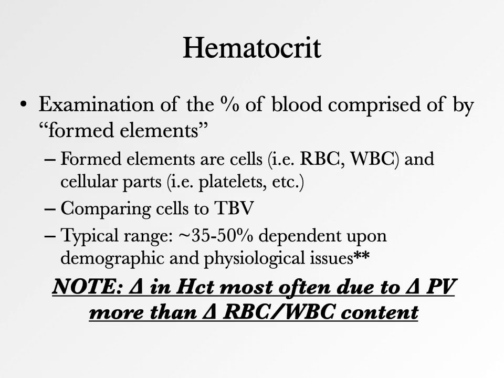When we talk about hematocrit, we're talking about the relationship between the formed elements, the red blood cells and the white blood cells, or the erythrocytes and the leukocytes, as well as other cellular components such as the platelets, in comparison to the total blood volume. Most people will have a range of between 35 and 50% for hematocrit levels. These are dependent upon distinct demographics as well as distinct physiological issues.